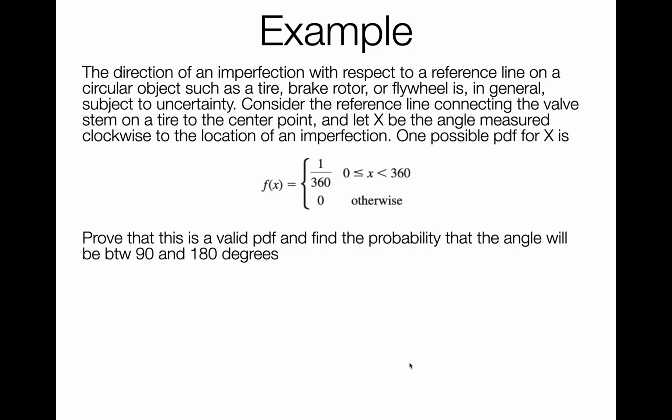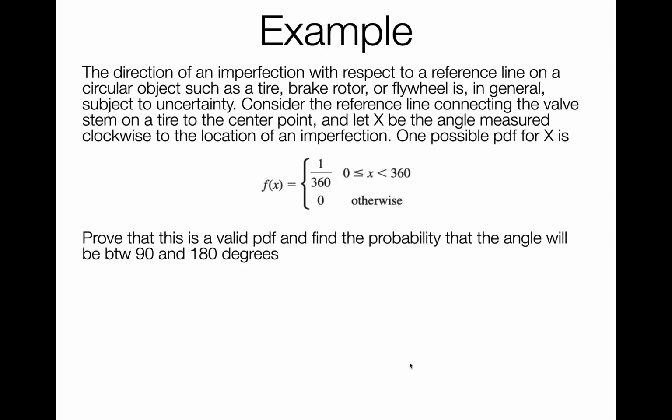So here's an example directly from the book. The direction of an imperfection with respect to a reference line on a circular object, such as a tire, brake rotor, or flywheel, is in general subject to uncertainty. Consider the reference line connecting the valve stem on a tire to the center point, and let x be the angle measured clockwise to the location of an imperfection. Okay, so one possible PDF for x is this function.